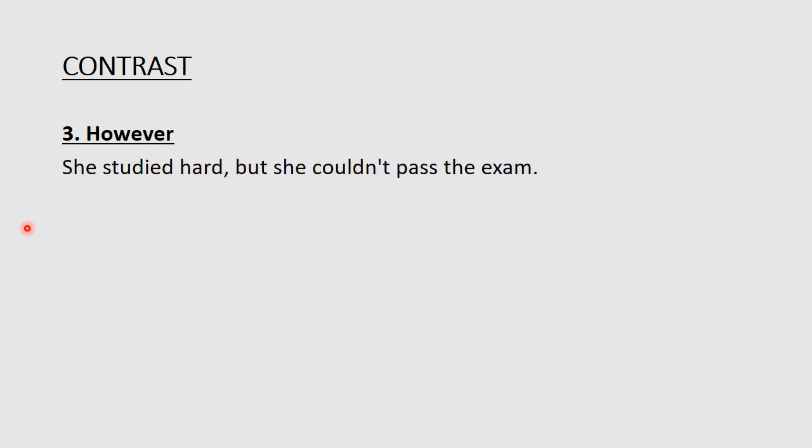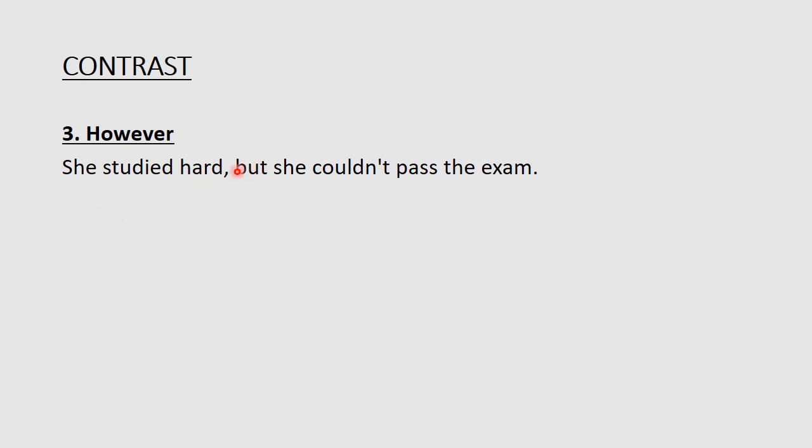We go to however. She studied hard, but she couldn't pass the exams. Remember, use these words that connect two sentences when you're writing your composition so that you're able to connect points that are going to be given to you. How can we write this using however?